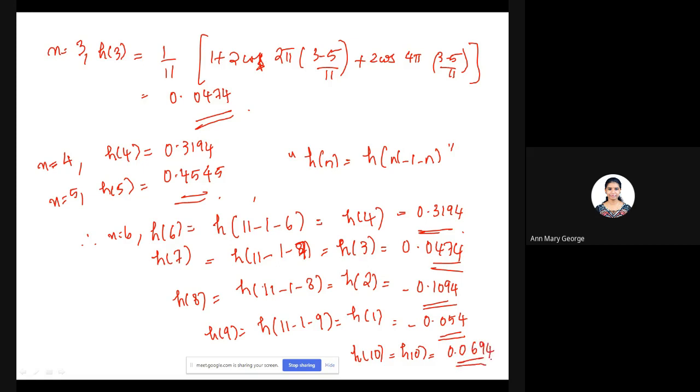These are the values of h of 0 till h of 10. Now we will move on to the final step.